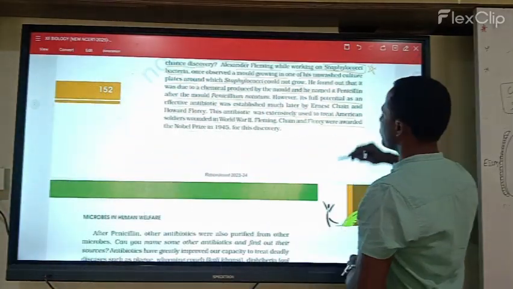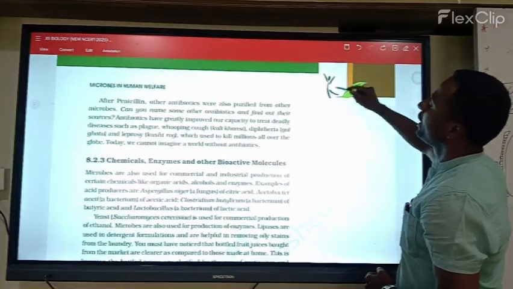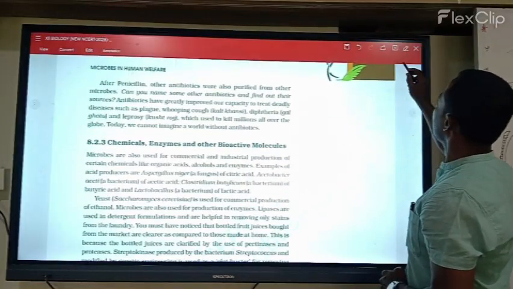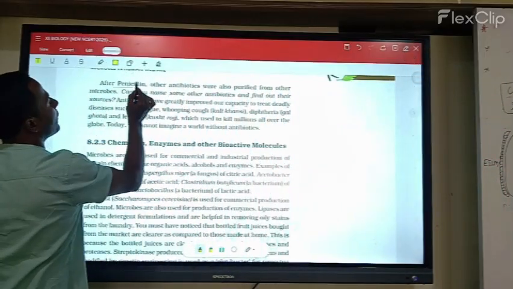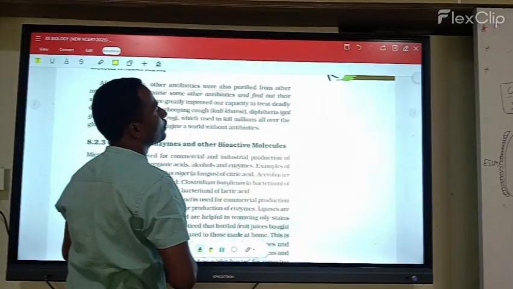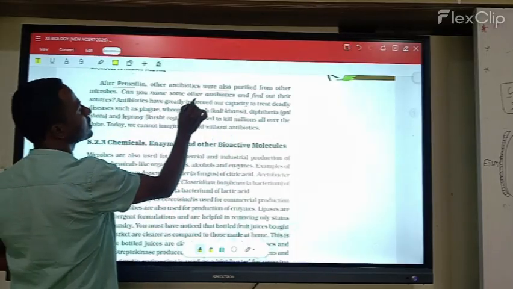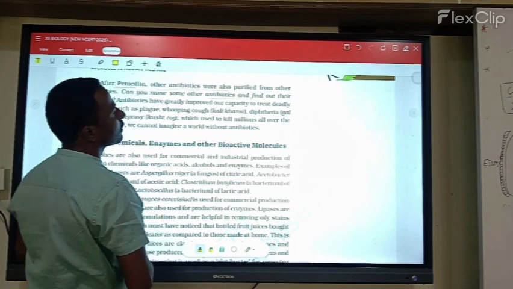After penicillin, other antibiotics were also purified from other microbes. Can you name some antibiotics?